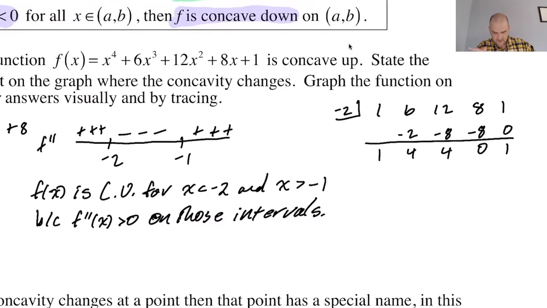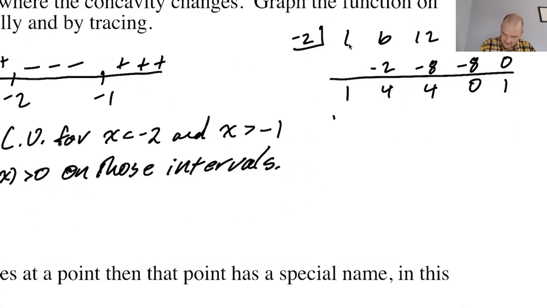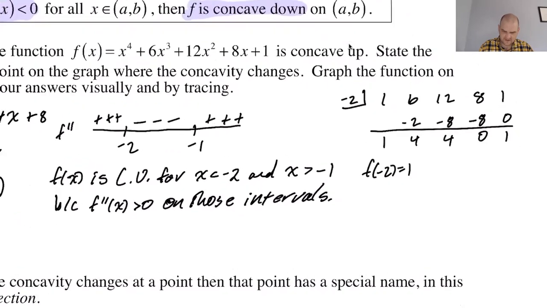Is that right? Well, you get a -48 and a +48. Those are gone. You get a -16, a +16, and 1. Yeah, wow, okay. So f of -2 equals 1. And then for -1, that's easy enough.